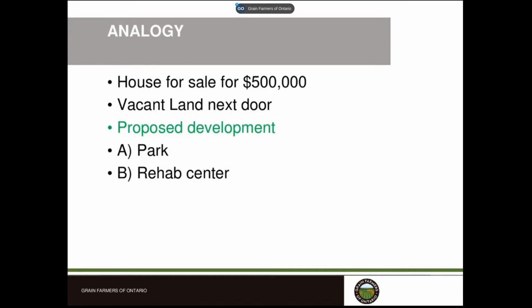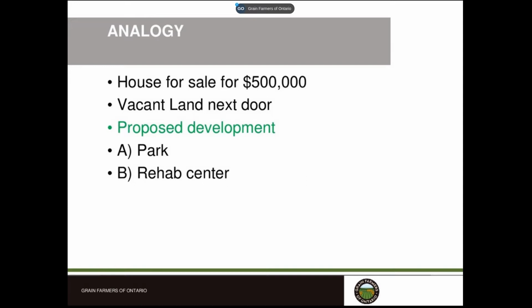Here's an analogy. Now, I keep changing them up, but I just thought I'd give you a different one today. There's a house that I'm looking at purchasing down the road, and it's fairly priced, and I'm very interested in it, but I have inside information that there's a big piece of land across the road that is currently under review because they're looking at developing something there. From my inside source, I understand that it could be a park, which would be kind of nice for my kids.